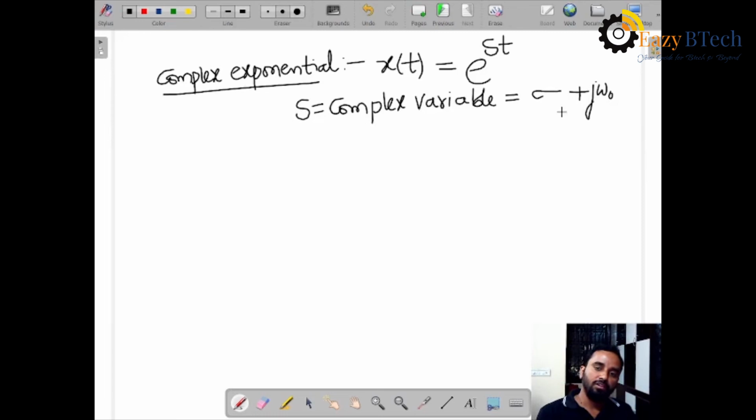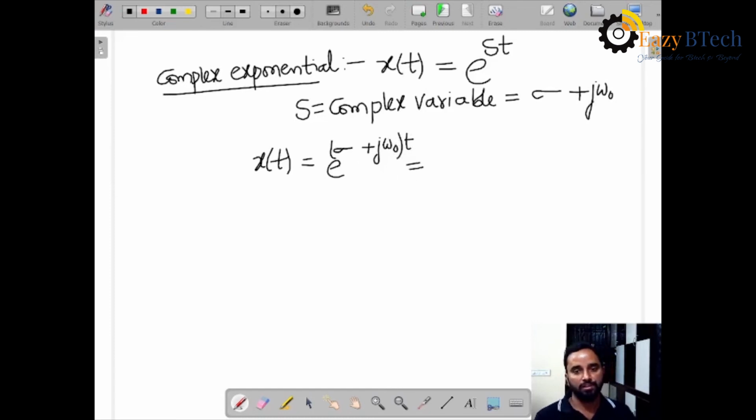Now if you substitute s in this e power st, then we get e power sigma plus j omega naught into t. That's all, I am just substituting s. S is a complex variable.